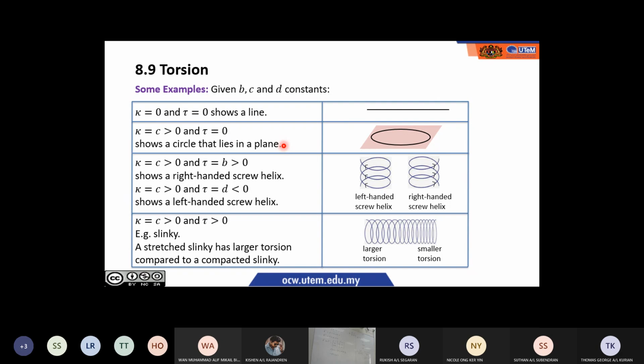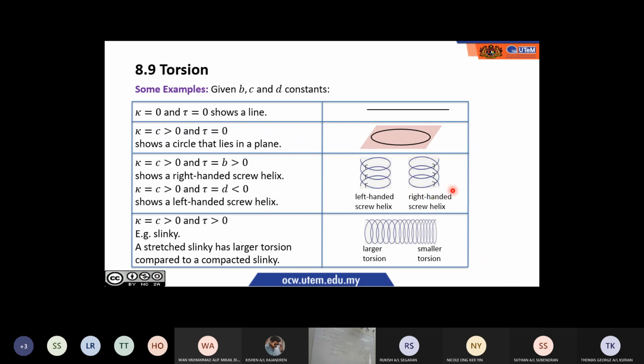You have to understand what these two mean. Next case, curvature is a positive constant, and the torsion is also a constant positive value. It means you have a right-handed screw helix.